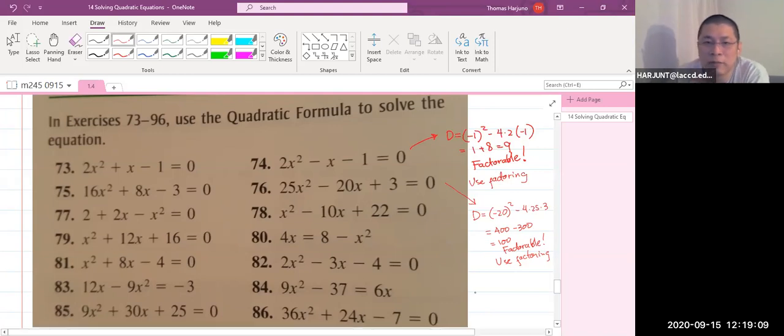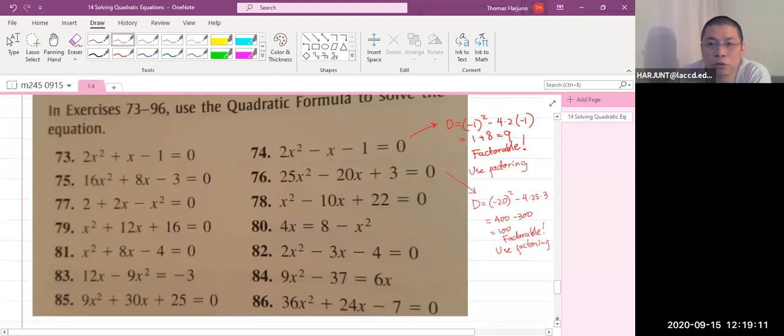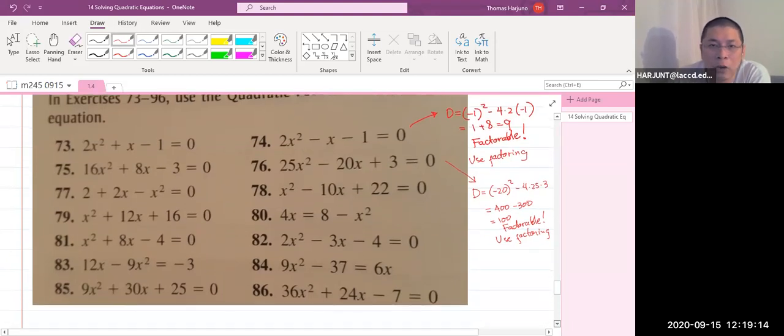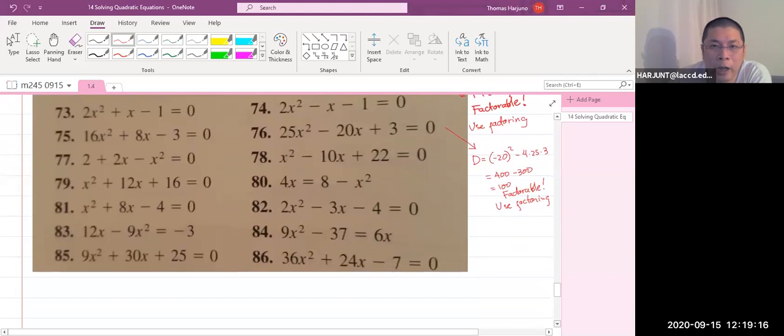How about number 78? They tell us to use quadratic formula, but I say, you know what? I only use quadratic formula when I cannot use other methods.